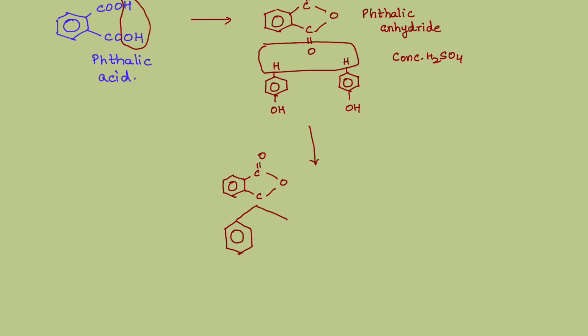You lost the oxygen and we lost the hydrogen. Why not make friends here? And in the process, they end up making a very, very important compound for us, which is known as phenolphthalein.